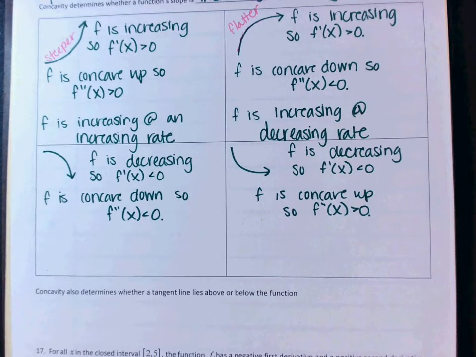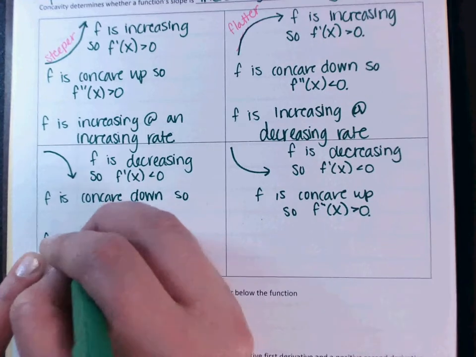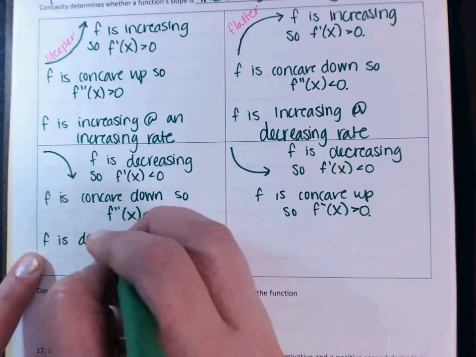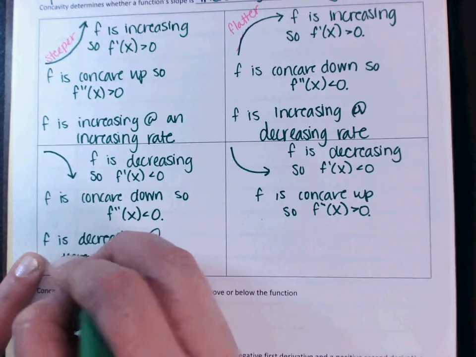Okay. I'm going to write the last sentence for both of these, and like half of you are going to be fine with it and the other half of you are going to want to argue with me, so just wait until I write it down, and then I'm going to try really hard to explain it, and I need you to just pay attention the first time. So this one, you would write f is decreasing at a decreasing rate.